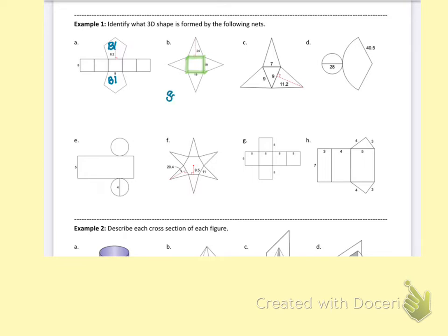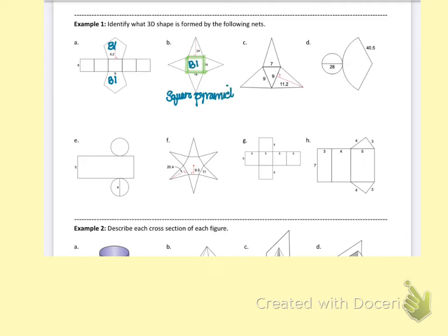This would identify the base, so square. Pyramid. It's got just the one base.